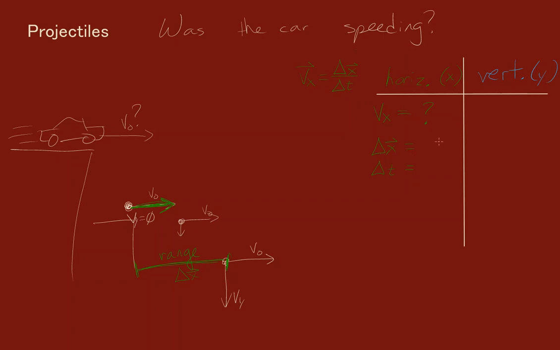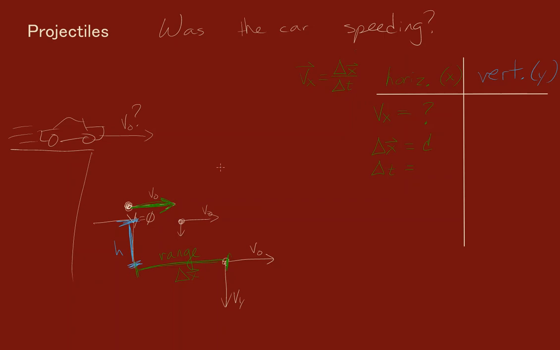Let's just call it D. But we didn't watch this thing in the air, so we don't know how long it was in the air. But we can measure the height of the cliff. So maybe that could help us. So if we can estimate the height of the cliff, we'll say that's H.